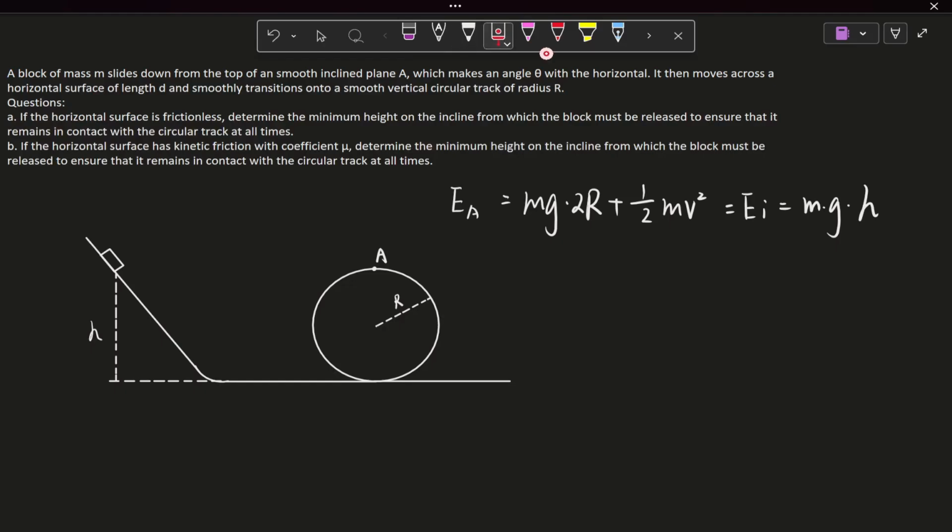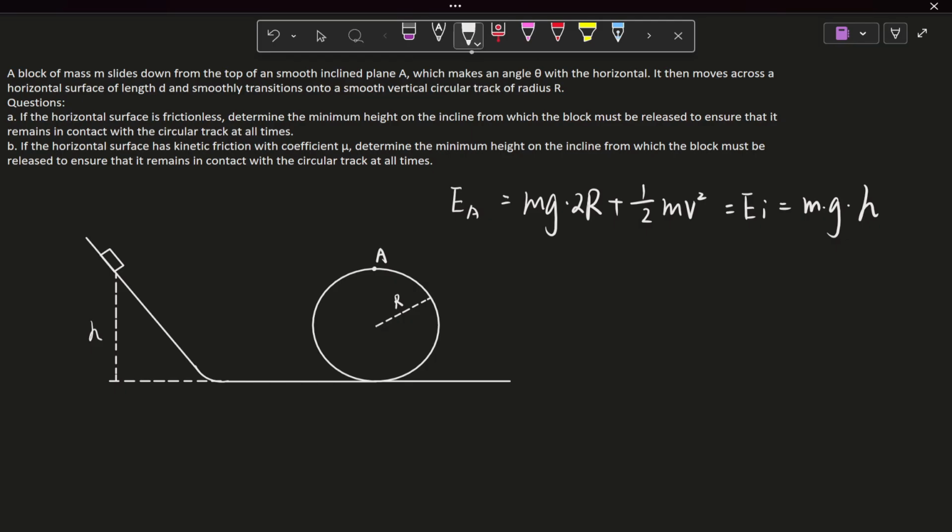And h is the variable you're trying to find. How do we find v? The situation that it remains in contact with the top of the circle is that when the normal force at the top is very, very close to zero, right?